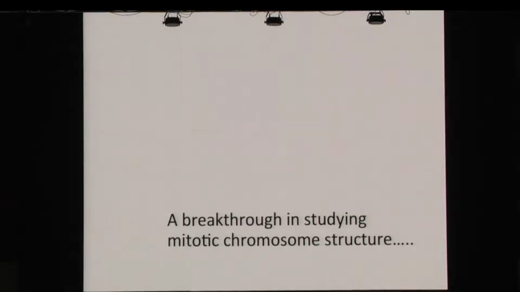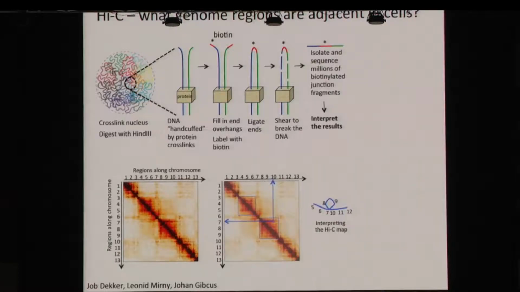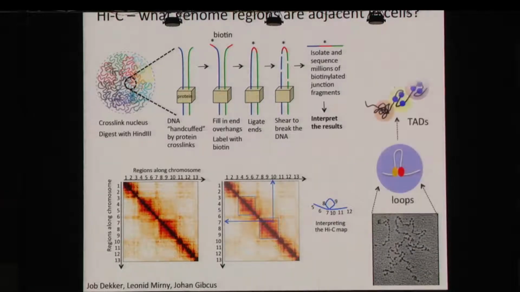So, in recent years, there's been a breakthrough in studying nuclear organization, which has turned into a breakthrough in studying the structure of mitotic chromosomes as well. And this is a methodology developed by Job Dekker called Hi-C. He developed a series of technologies, the C technologies, all of which are involved in determining which DNA sequences are near one another in the nucleus.